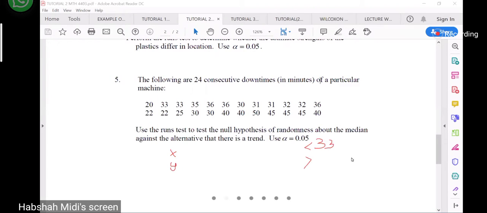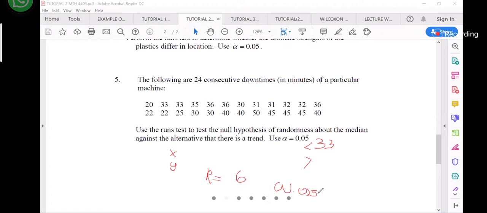What are the values of R? What do you get for R? 6. R should be 6. Okay, good. So reject if R is less than the critical value. What is the lower critical value at 0.025?